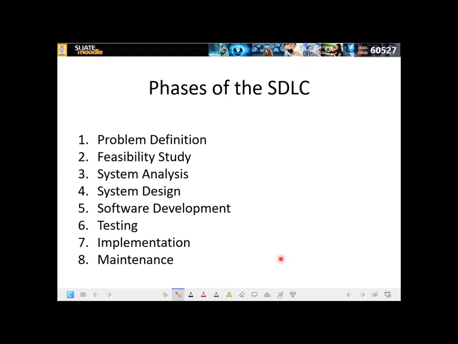Then you can develop information systems, because in each and every stage there is a specific kind of task to be done. Only when we follow them in order does a system develop properly.